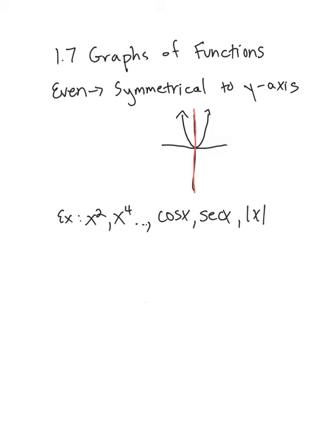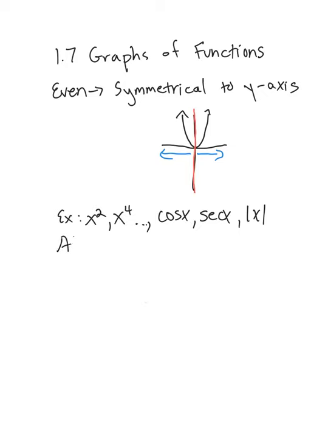What does that mean for even functions algebraically? Since they are symmetrical on the y-axis, you can fold them in half. Doesn't it make sense that our x this way and our x that way will have the exact same y values?